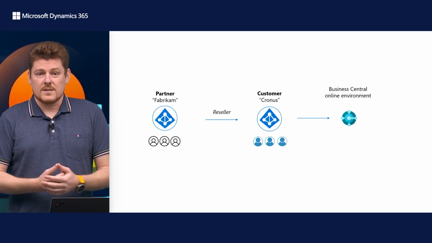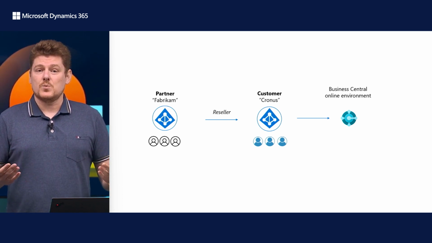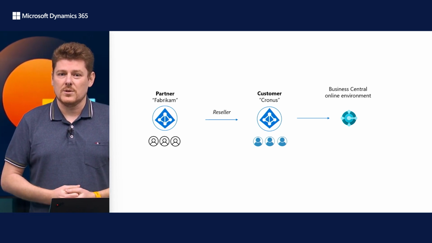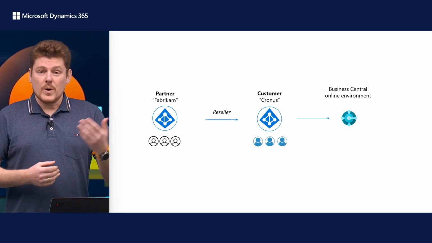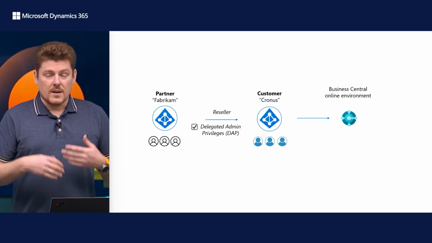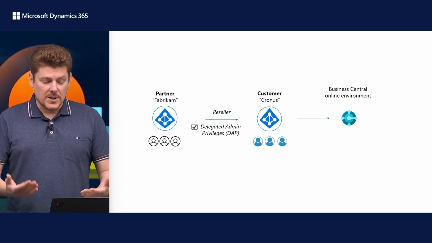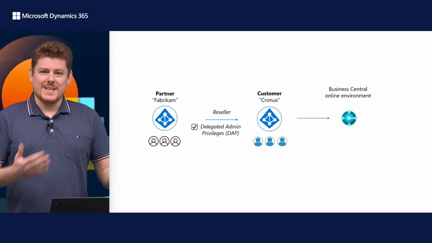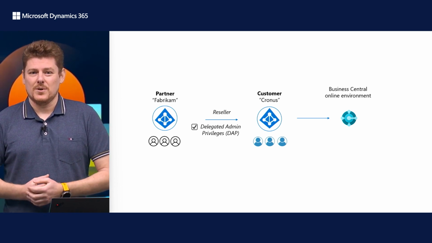Now that is an obvious first step. So that's where the partner needs to establish this contact to be able to sell Business Central licenses. And with this reseller relationship request, the partner would need to send a request for delegated administration privileges, also known as DAP, or DAP for short. That's the term that I'm going to use.